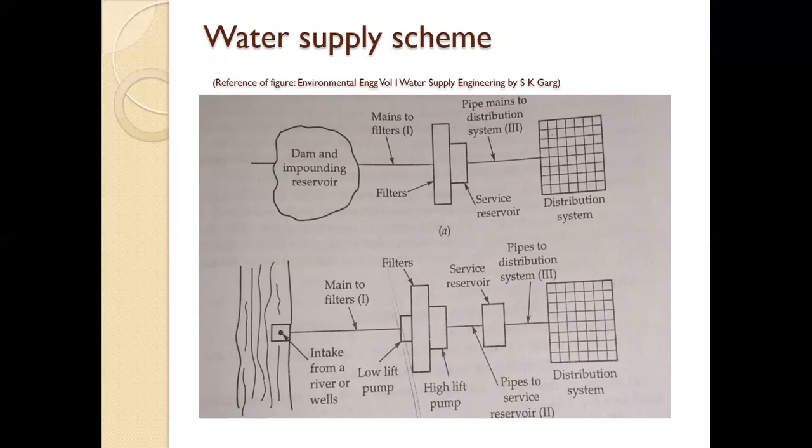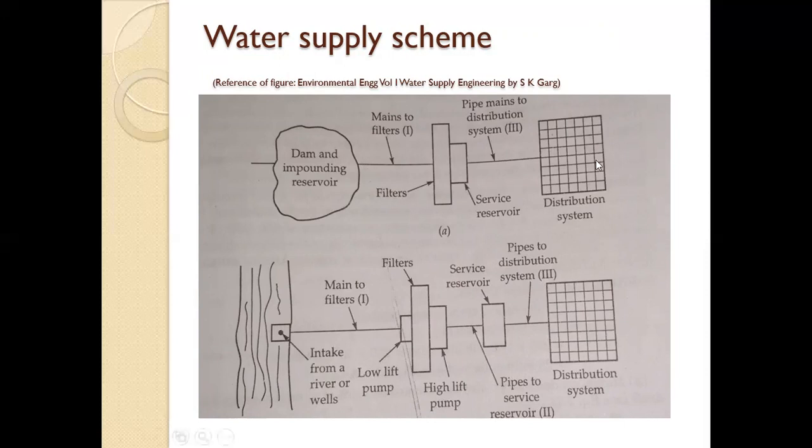Now, after that, the water is conveyed to the biological process, where it should be freed from bacteria. E. coli should be nil in the drinking water. So if required, it is treated through various biological processes.